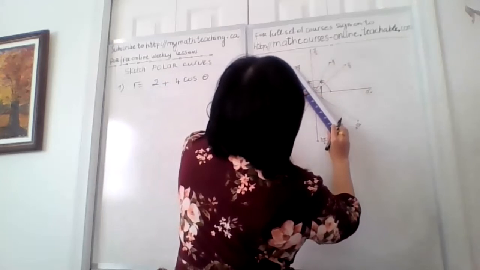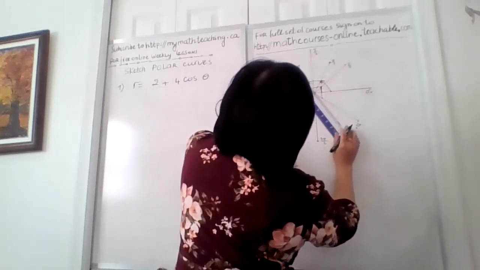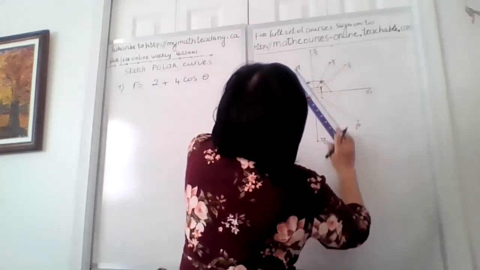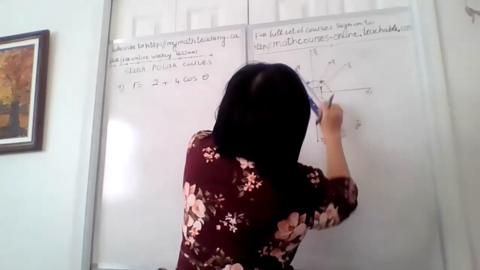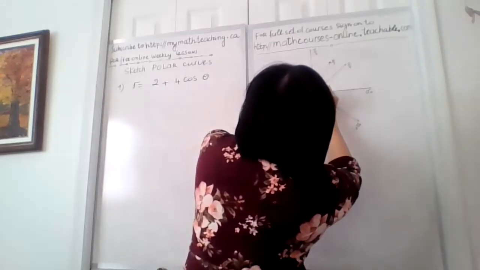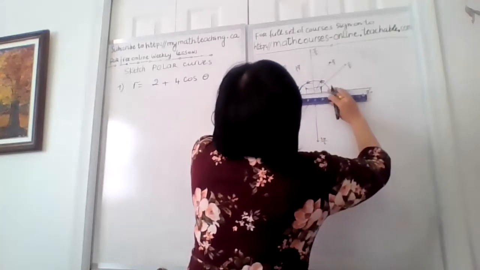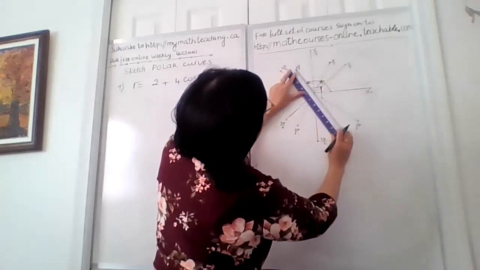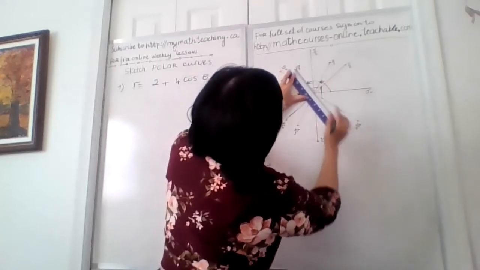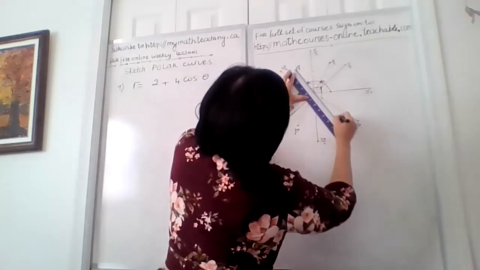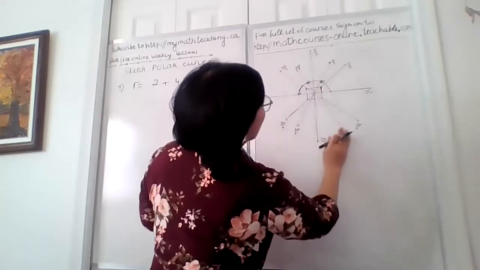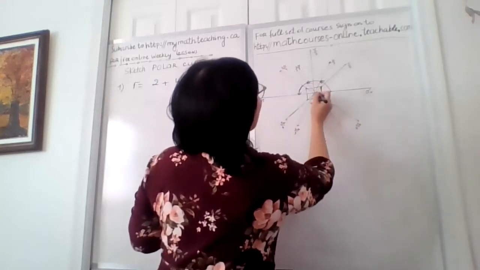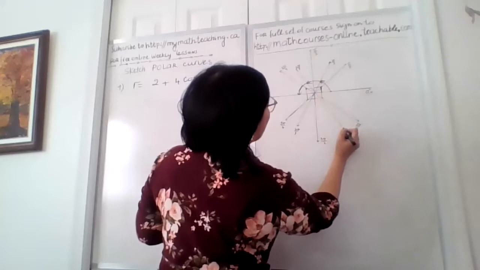And down here, I should draw accurately. It should go through the origin. So I'm going to draw this through the origin accurately, and we'll create the curve.